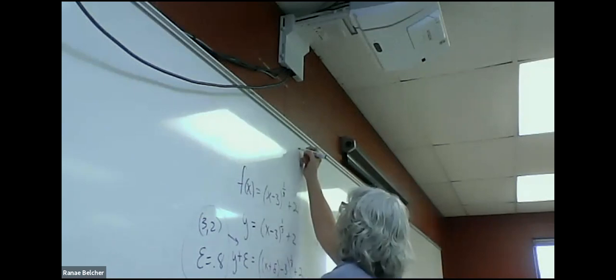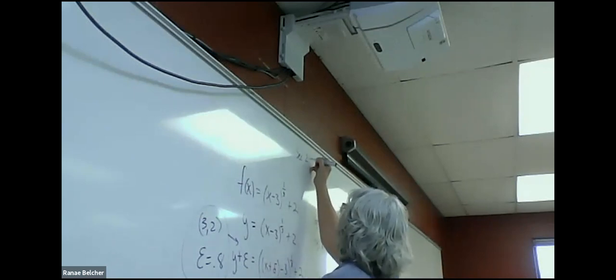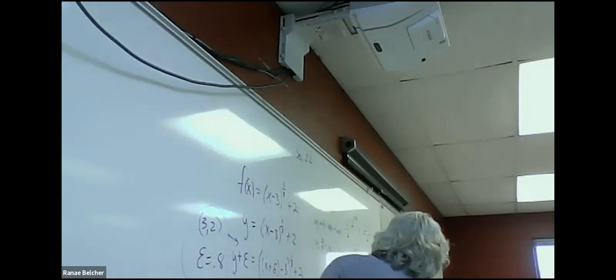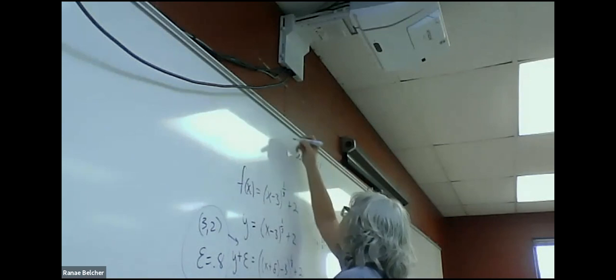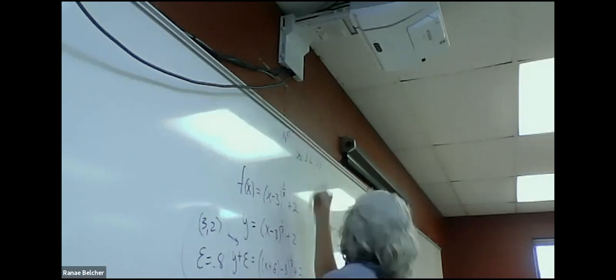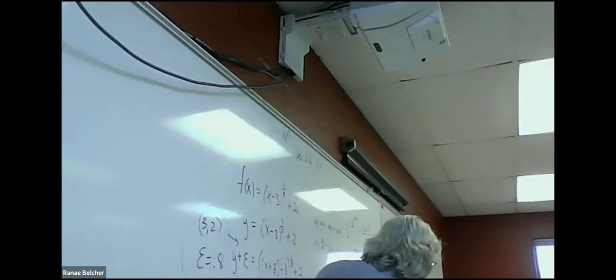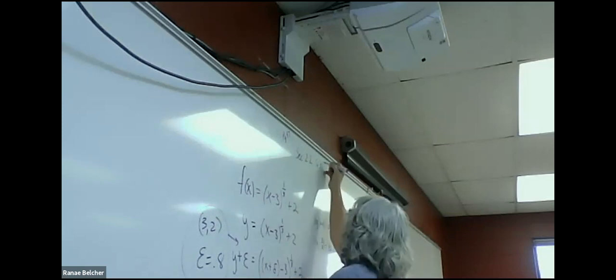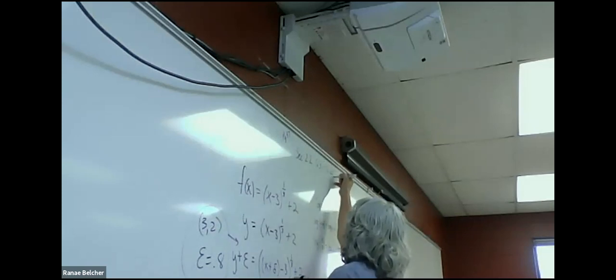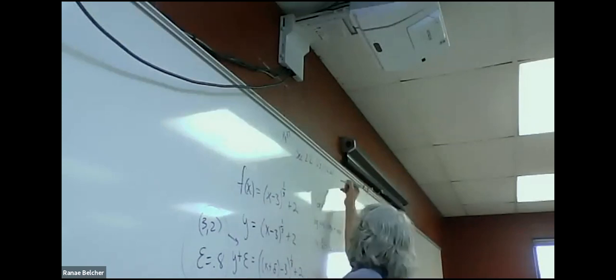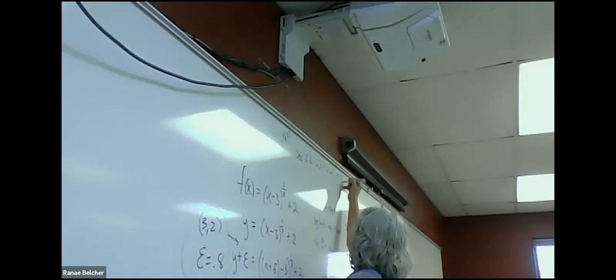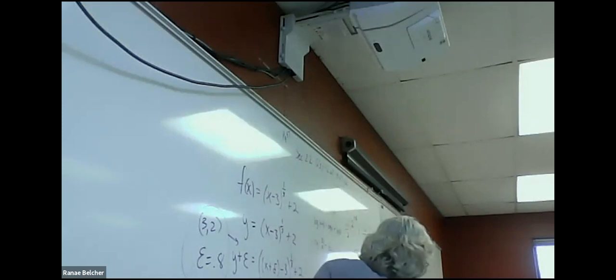We're going to do, and you can put DOB for some of these, section 2.2. You do the Q's. This is page 37. 1 through 12 all. And then we're going to do also 13 through 27 odd. And we will be working tomorrow also.